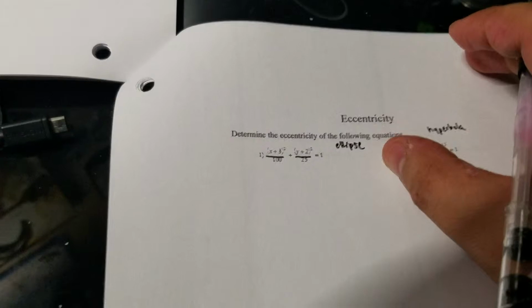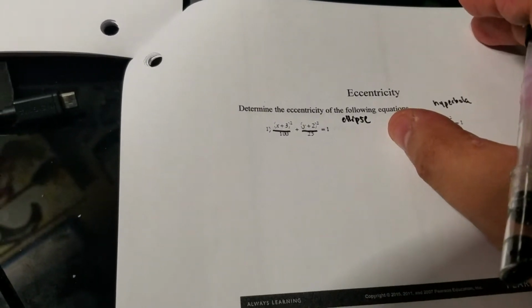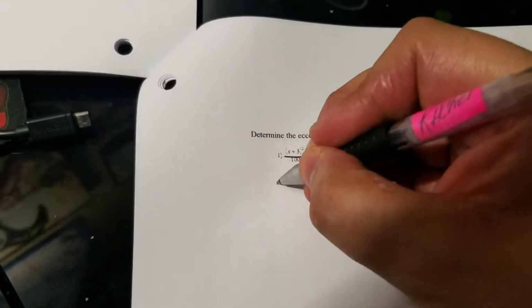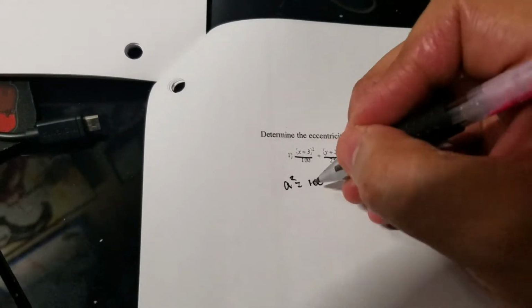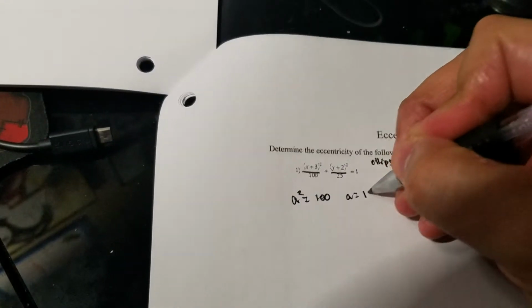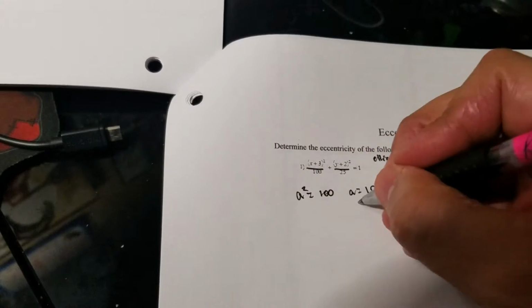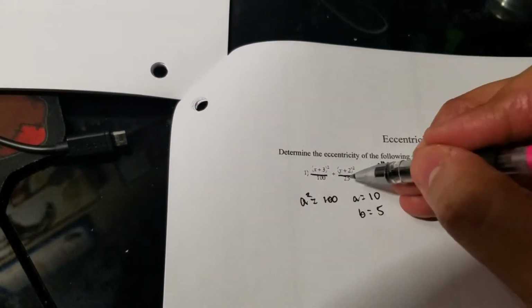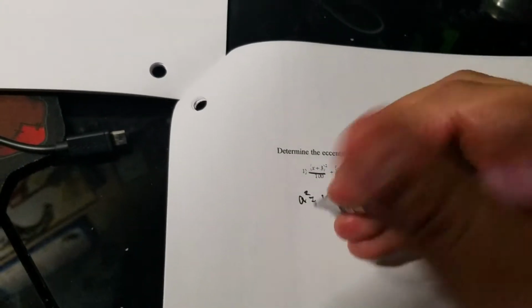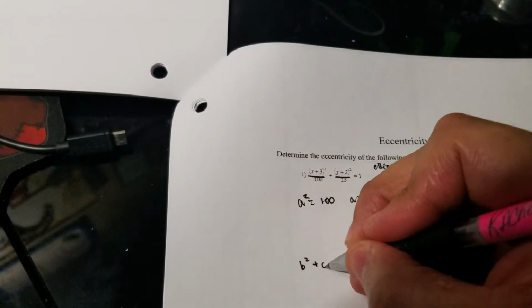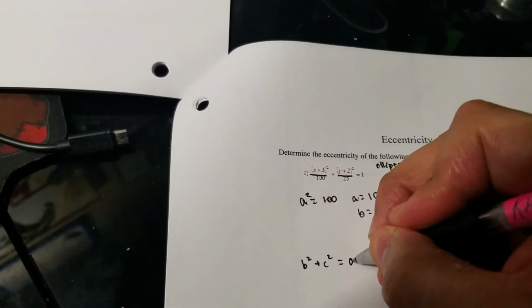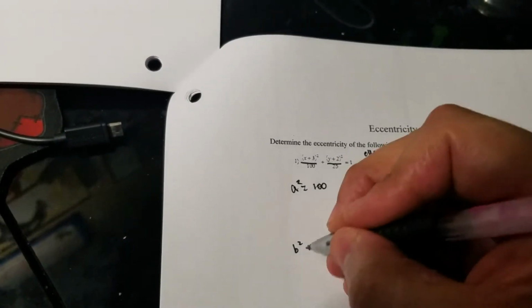Okay, so here, remember, for an ellipse, the A value is the bigger one. So here, my A squared value is equal to 100, right? That's the bigger number here, which means my A is equal to 10. And my B value is equal to 5 because it is the square root of 25. Now I can find my C value, because that's what I need for my eccentricity, by using this relationship.